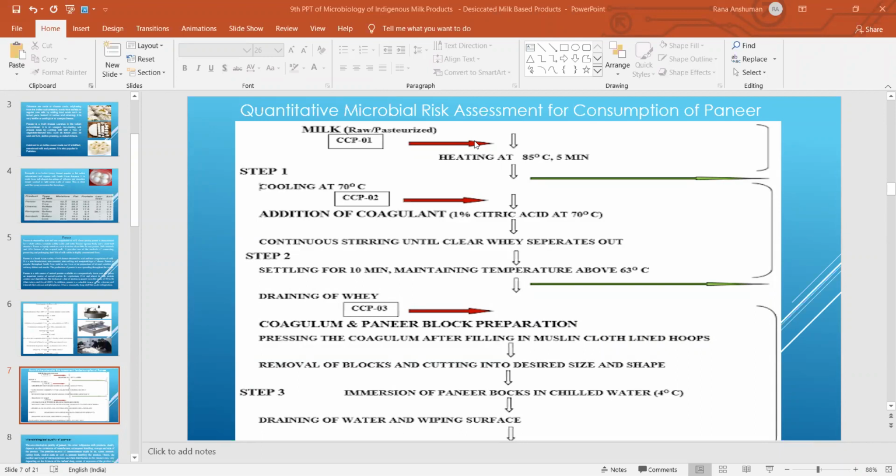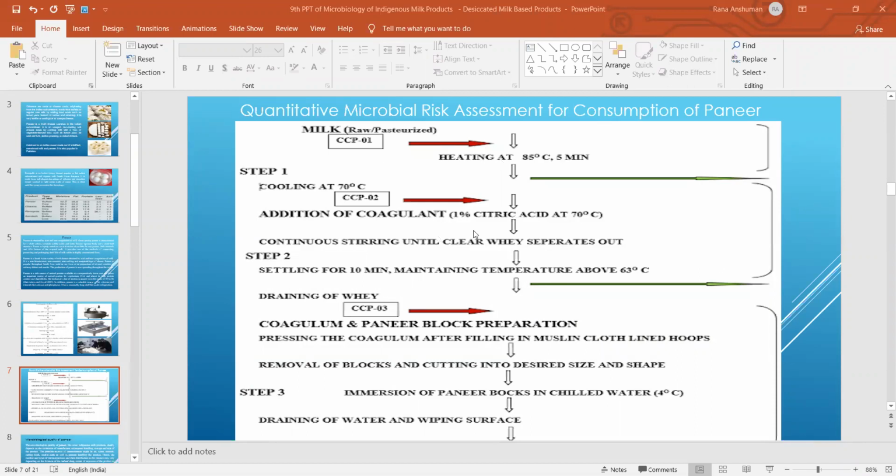Whatever raw milk we are collecting or procuring from different sources, first of all, we have to chill it below 4 degrees centigrade, and there should not be any sort of contamination at that time. And very controlled conditions are required during that.